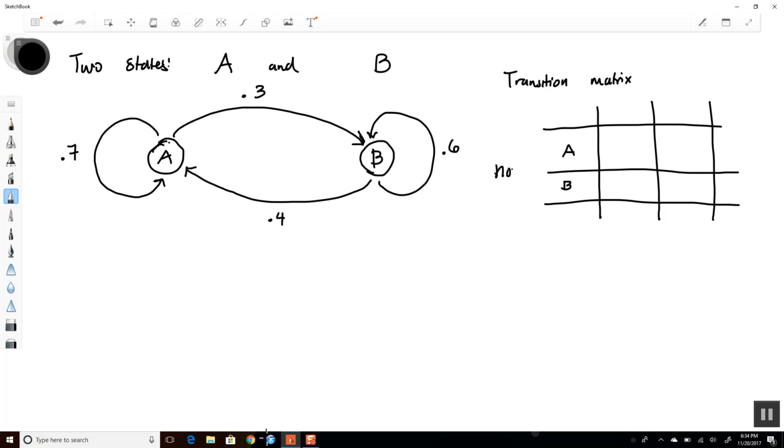This is now, and this will be next. This is A and this is B. If you're now at A, the probability you end up in A next is 0.7. If you're now at A, the probability you end up at B is 0.3. If you're now at B, the probability you end up at A is 0.4, and from B to B is 0.6. Okay, this is our transition matrix.